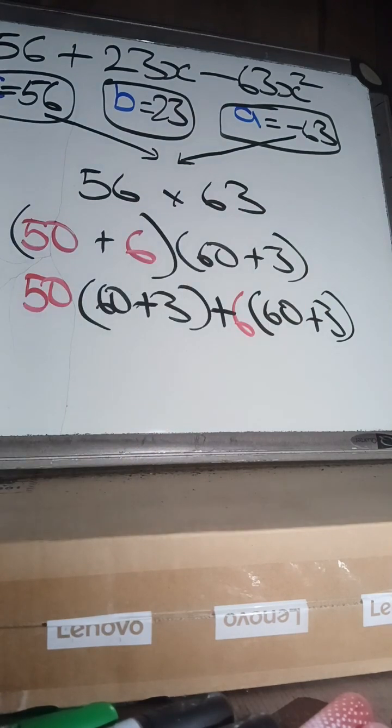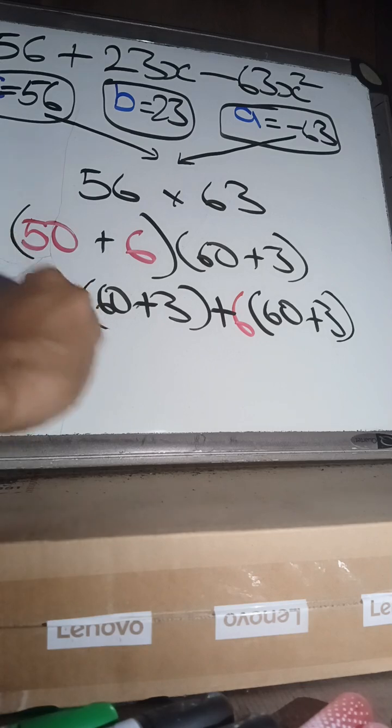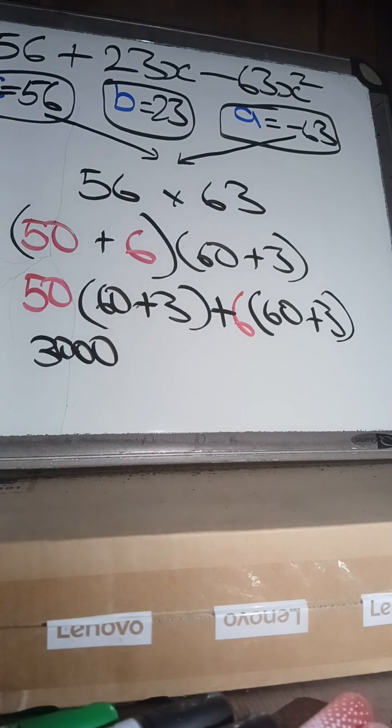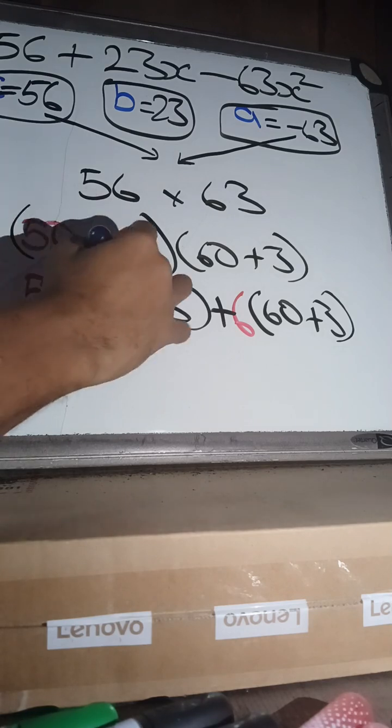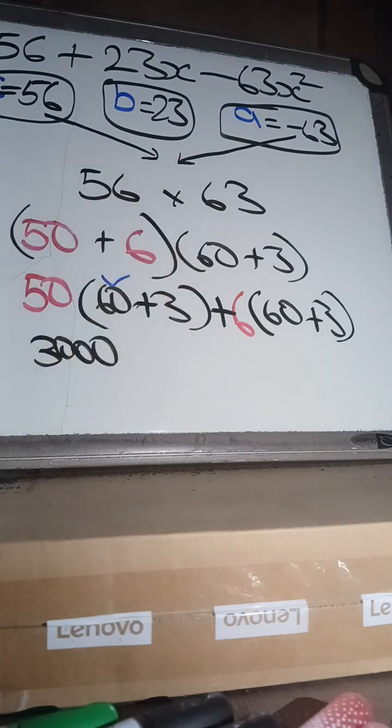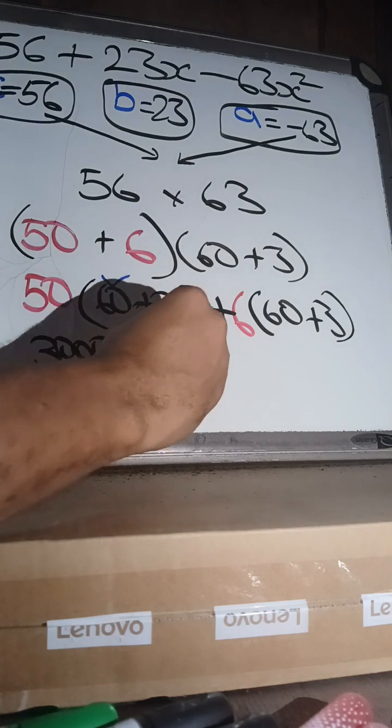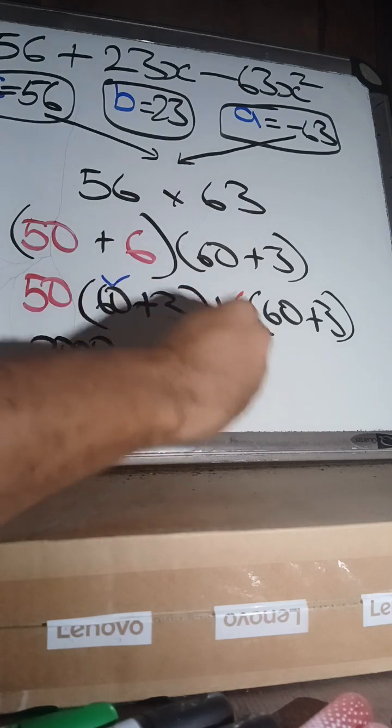And what makes life nice now is that we just focus one at a time. 50 times 60, well, we have 3,000 for that, so we're done with that. You can tick them off when you're done. Now we have 50 times 3, we'll just say 150.